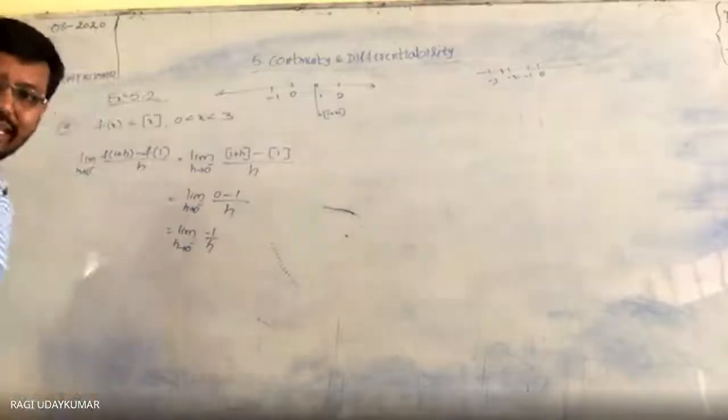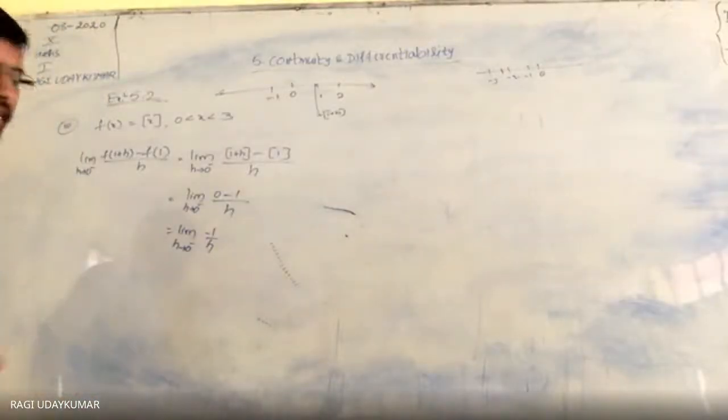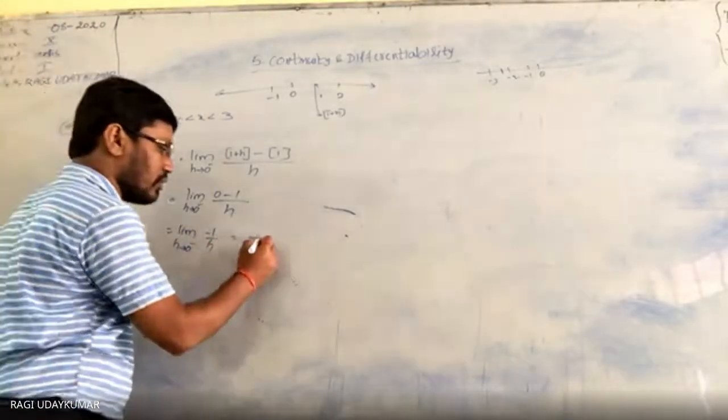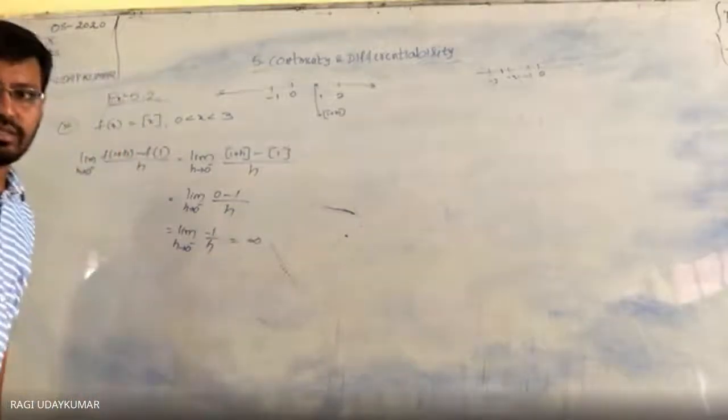So here you are going to get, when you take it to 0, limit h tends to 0 minus of 0 minus 1 by h, which is equal to limit h tends to 0 minus of negative 1 by h. As h is a negative number, this value is equal to infinity.